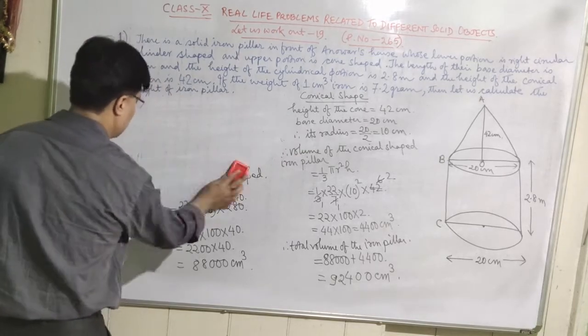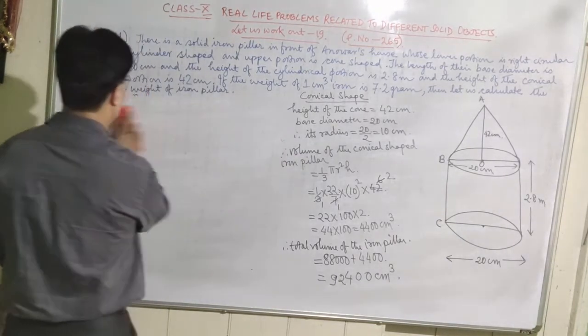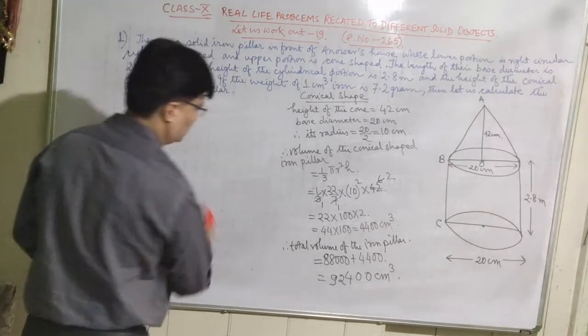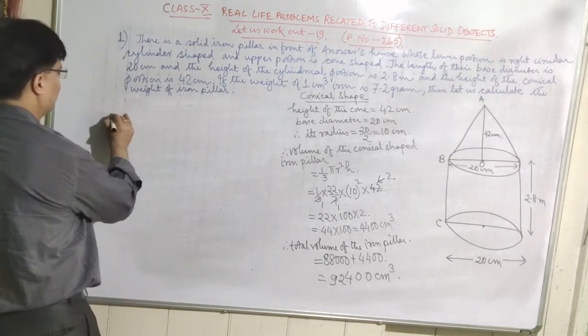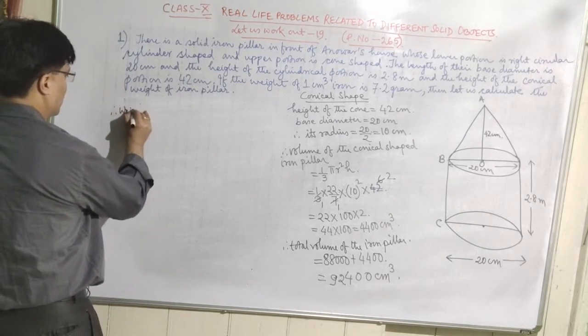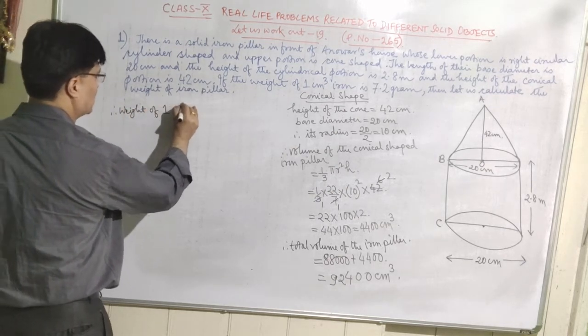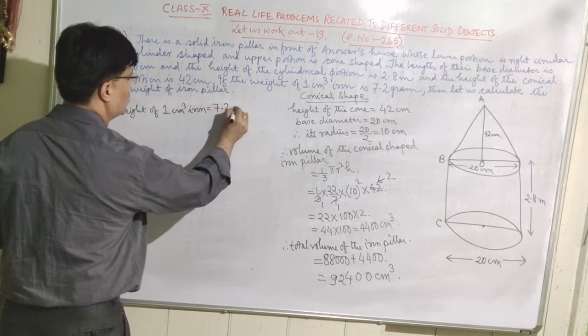So let us write it here. Therefore weight of 1 centimeter cube iron is equal to 7.2 grams.